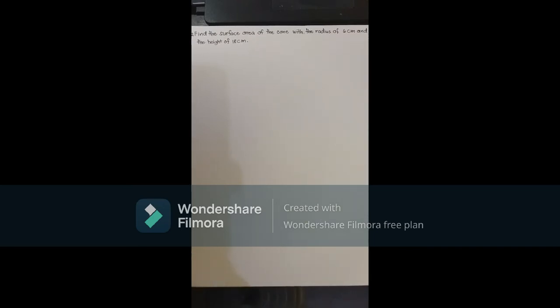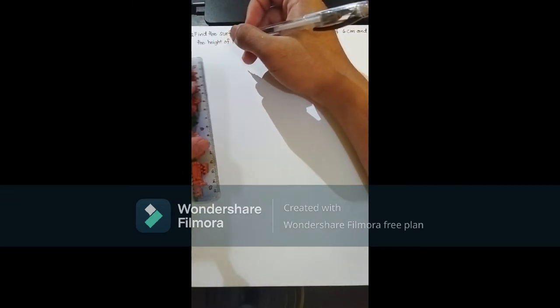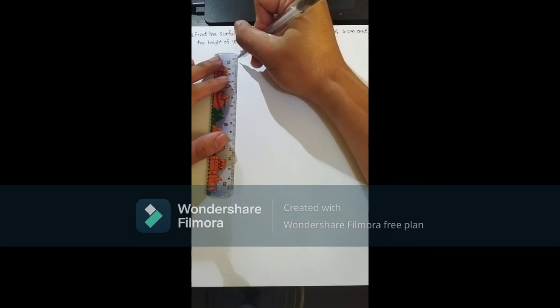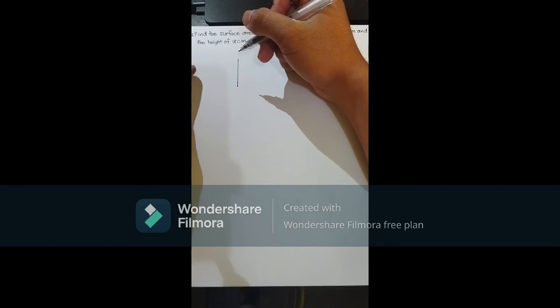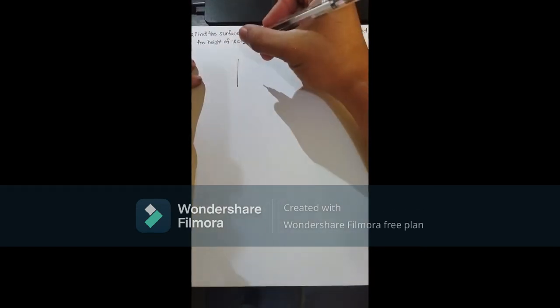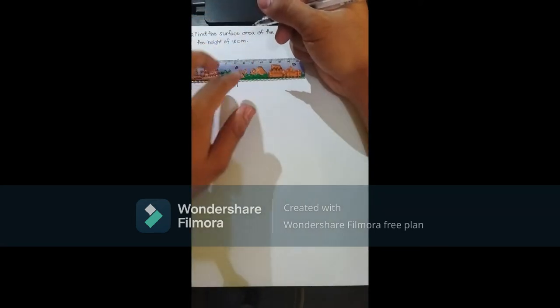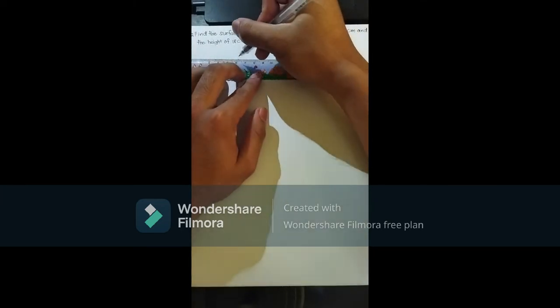Second problem. Find the surface area of the cone with a radius of 6 centimeters and a height of 18 centimeters. First, we're going to graph a cone. So the height is equal to 18 centimeters and the radius is equal to 6 centimeters.